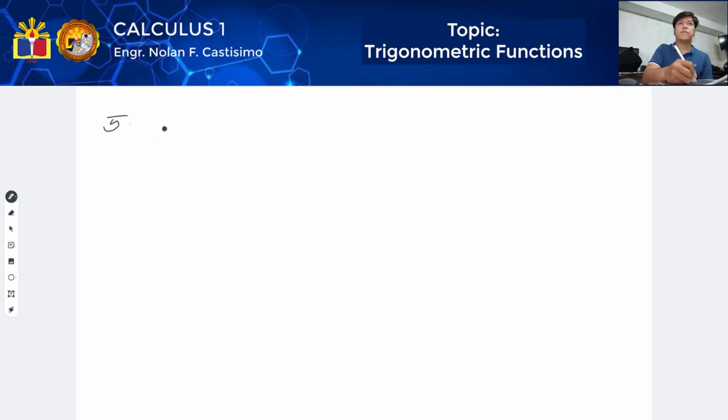Then panglimang formula, we have the derivative of secant u is equivalent to secant u tangent u du over dx.